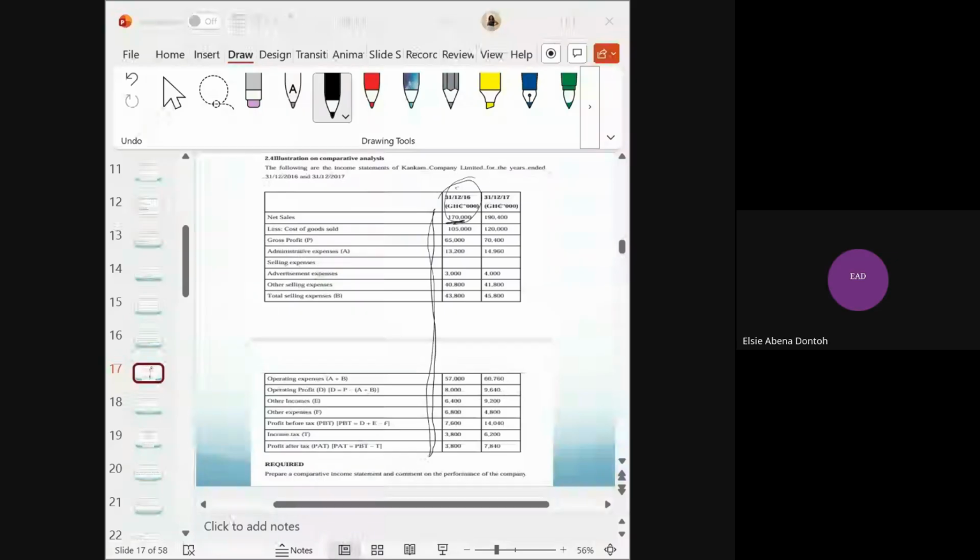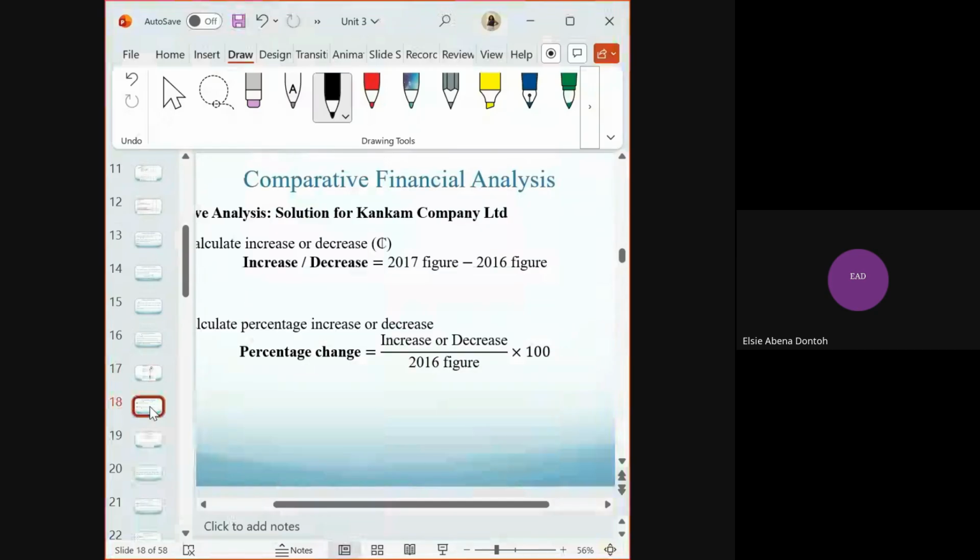What's the figure for the base? Okay, 65,000, times 100. What do we get here? 8.307. So 8.3%. So you do same for all the items here.